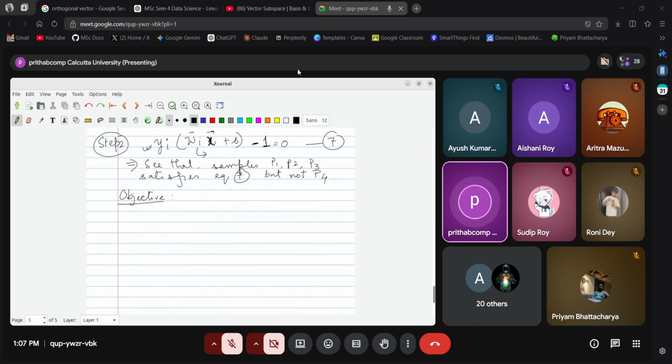Now we have to express it in such a way that it maximizes the gap, that margin.